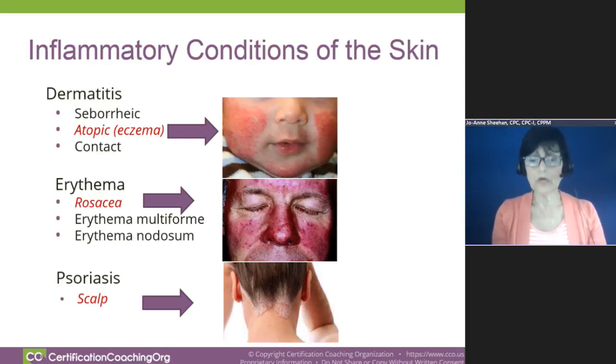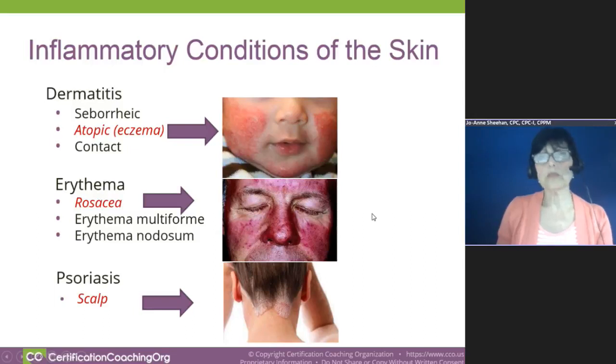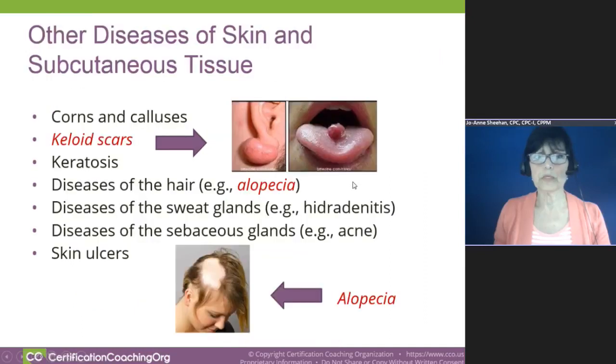This is an example of the scalp, and if you look close enough, you can actually see some of it up here, but it has actually traveled outside the hairline and down onto the neck. So you will see codes for this as well, as you move forward. But it's nice to have an idea of what some of these look like. And the erythema is really redness surrounding the area.